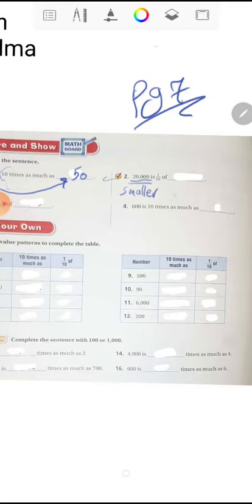I want you to find the greater one, because 1 over 10 gives me the smaller number. So 20,000 is 1 over 10 of which number? Okay, to find it you have here to multiply by 10. Okay, to find the greater number. So it will be 200,000.